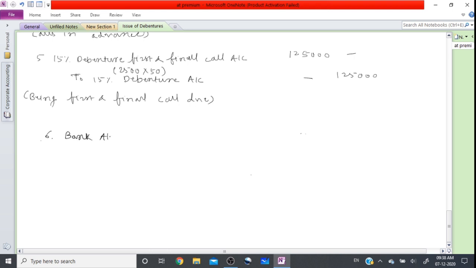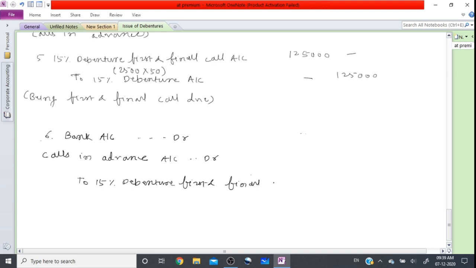So right here, bank account debit, calls in advance account debit, to 15% debenture first and final call account.